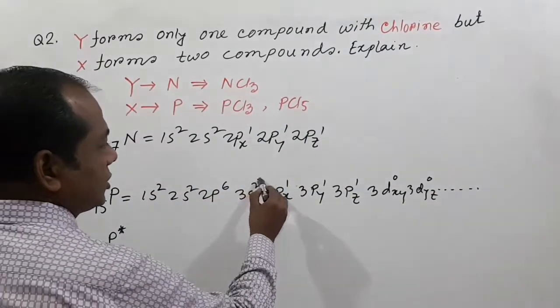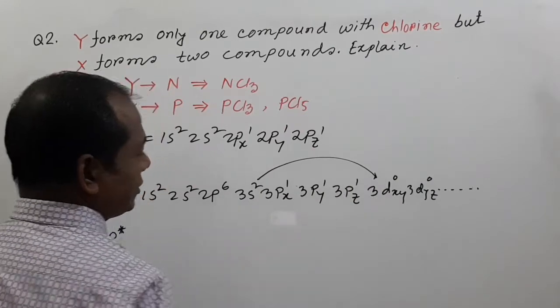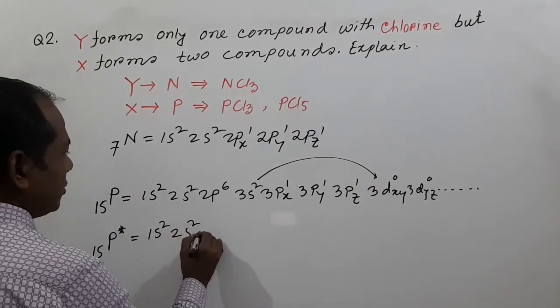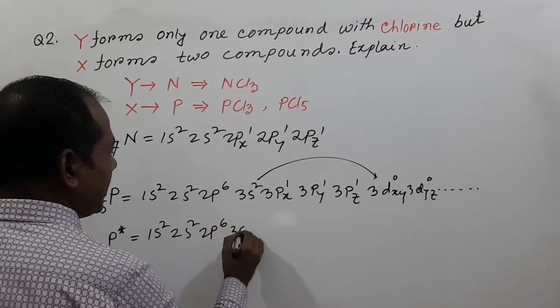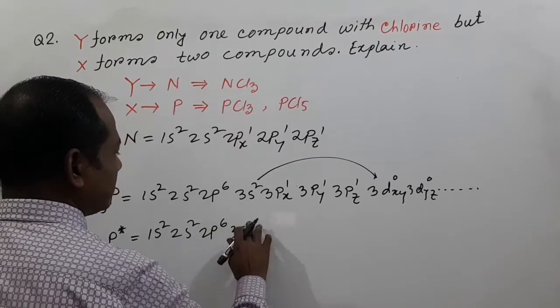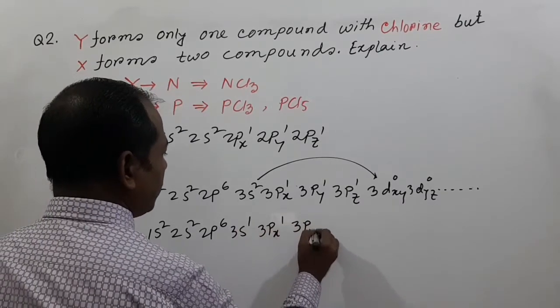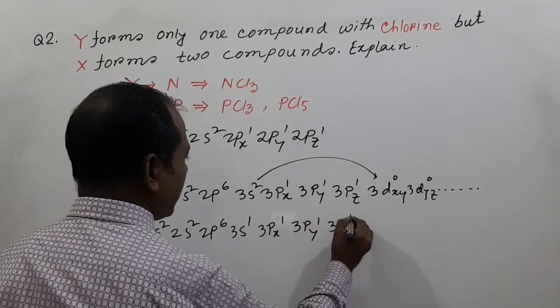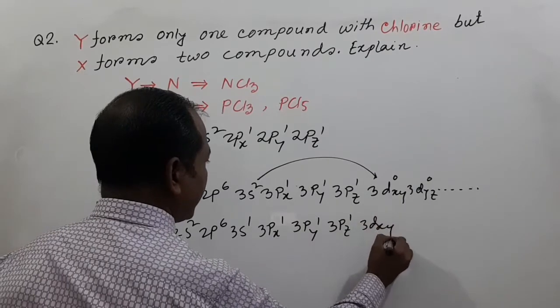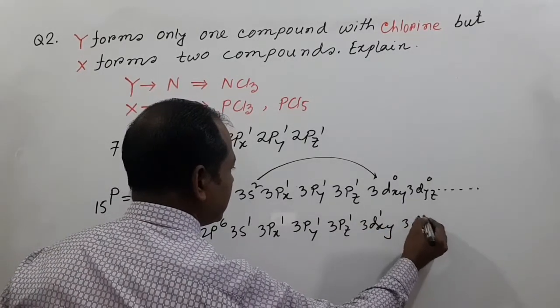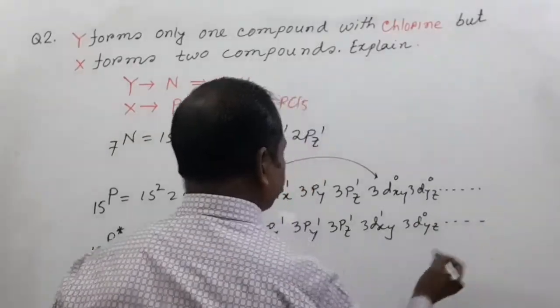Then 1 electron shifts to this 3d orbital, and we get 1s2, 2s2, 2p6, 3s1, 3px1, 3py1, 3pz1, 3dxy1, 3dyz0, and so on.